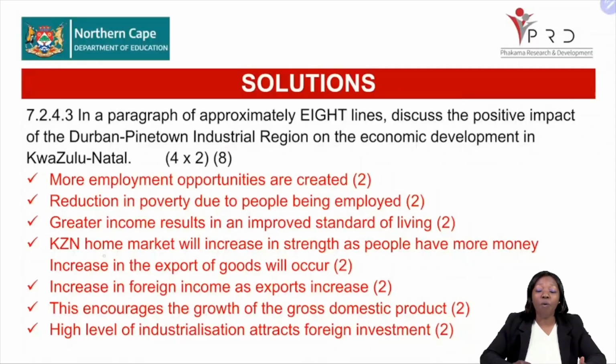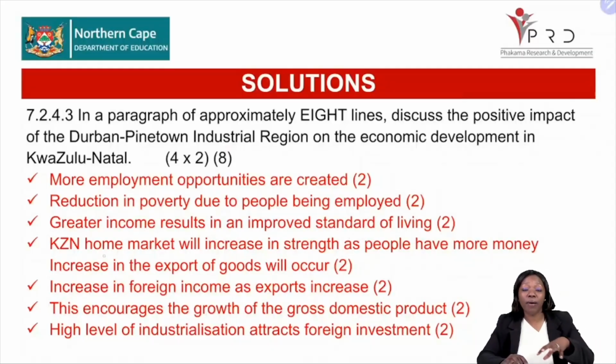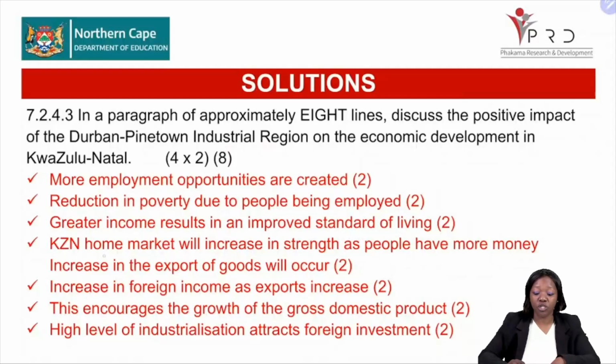The KZN home market will increase. Remember, we are looking at the local level. So it will increase the strength as people have more money, increasing the export as well as the goods. Then there is also an increase in the foreign income as the export also increases. This encourages the growth of the GDP in terms of KwaZulu-Natal, and then the high level of industrialization attracts foreign investment.